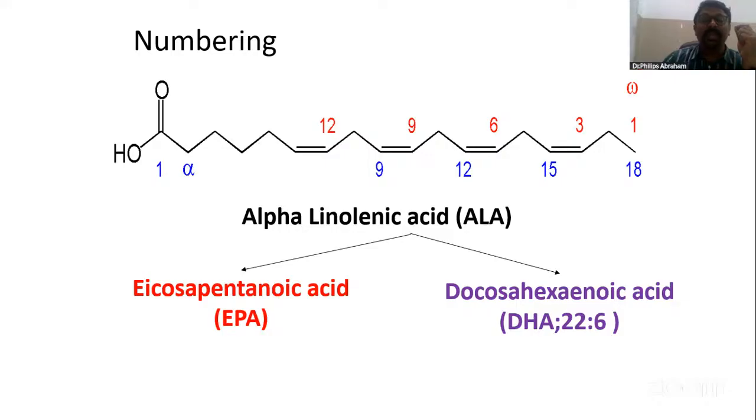So EPA and DHA are the two important major PUFAs synthesized from the essential fatty acids. That's their importance. From eicosapentaenoic acid we can synthesize prostaglandins or eicosanoids. I'll deal with that word later. So just understand the names of the essential fatty acids and the two PUFAs that can be synthesized from them in our body.